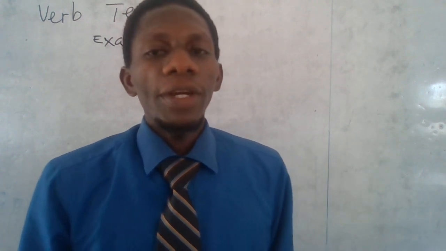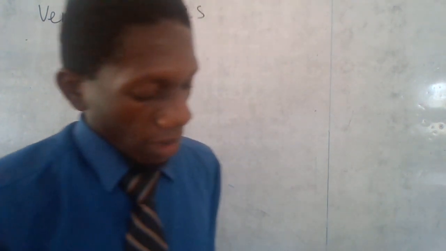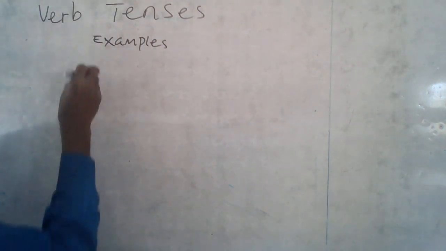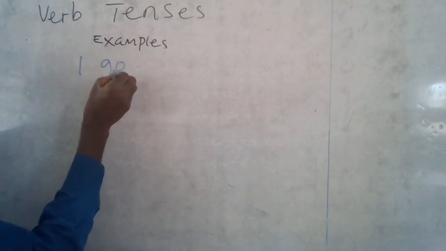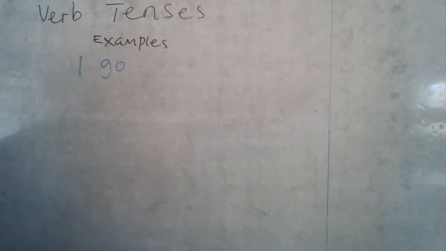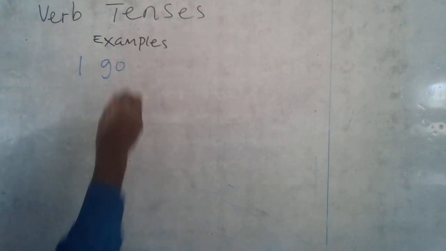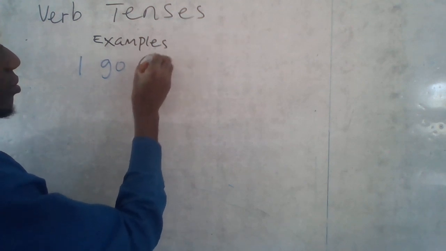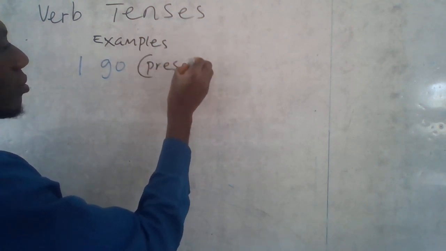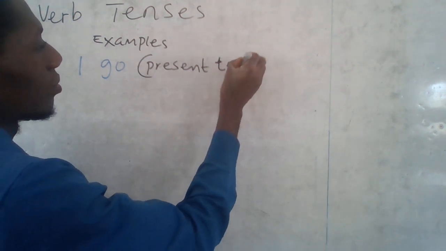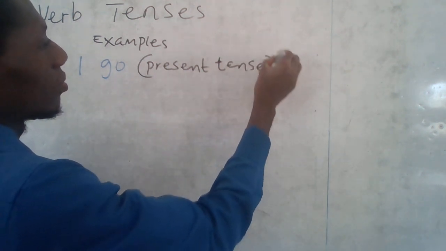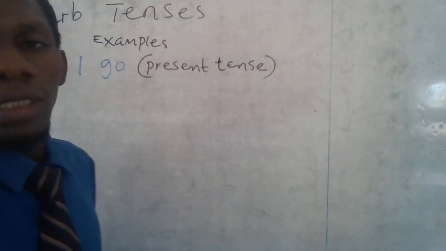So, if, for example, I say that I go, all right. If I say that I go, that means that I'm talking about the present tense. That's present tense.